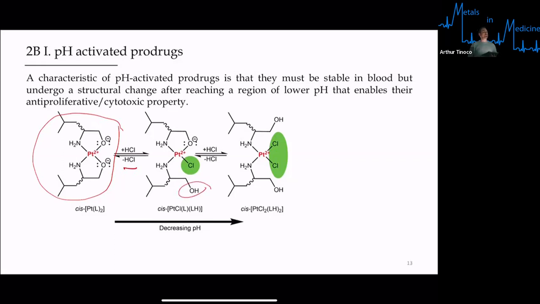And then essentially you're trying to form something that is analogous to cisplatin, right? So you have your cis amines and your cis chloro groups. And that's a consequence of the decrease in pH facilitating this speciation.